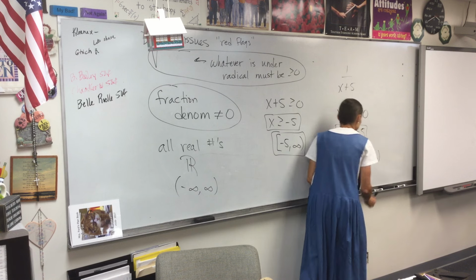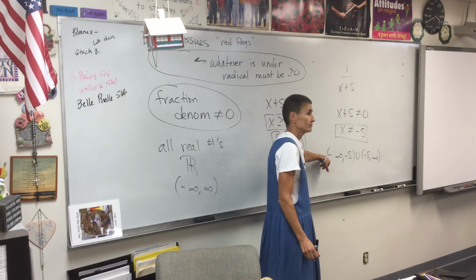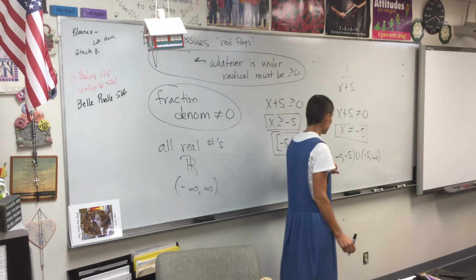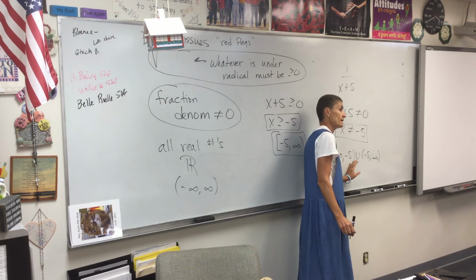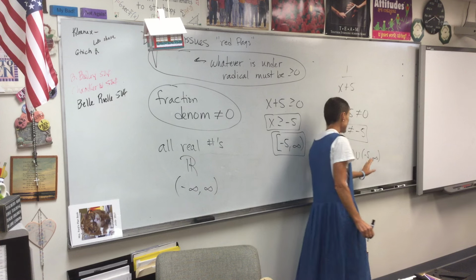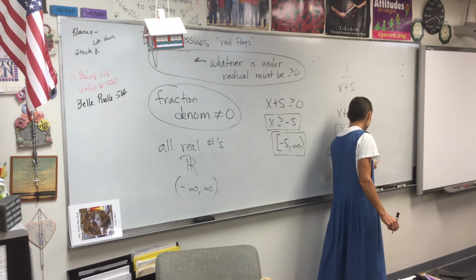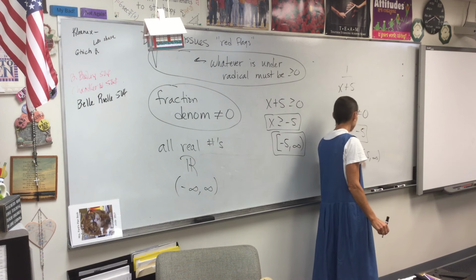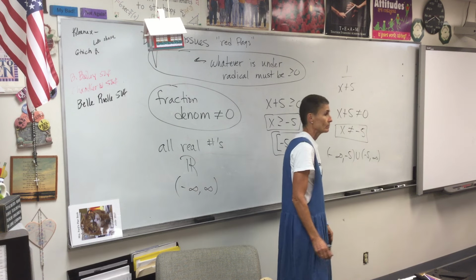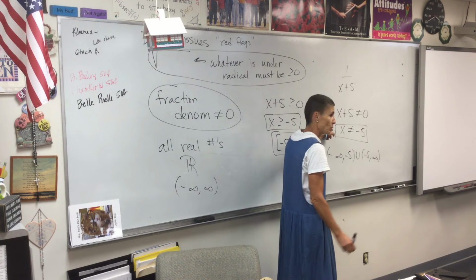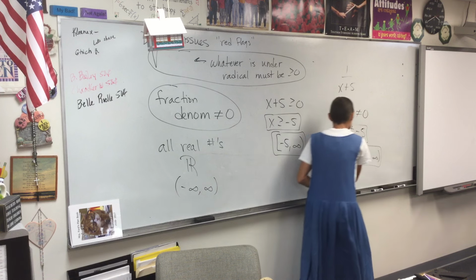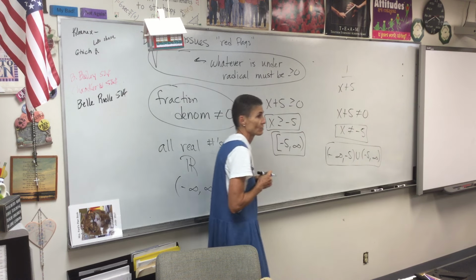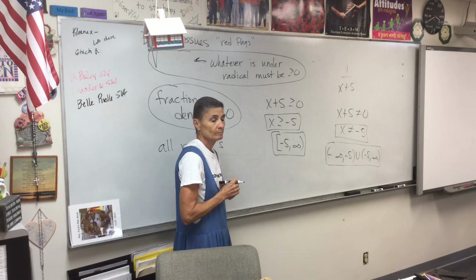This is interval notation. This says go take negative infinity to negative 5, and then take negative 5 to positive infinity, but don't include negative 5. That's the number we left out. Those are the two acceptable ways of writing the answer, and you may use either one.